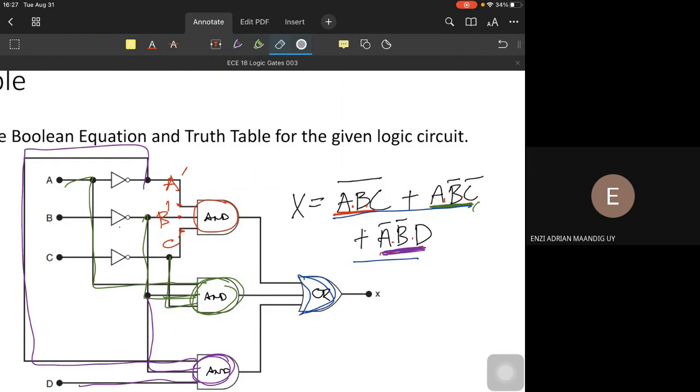Yay! Woo! Truth table. Before your truth table, any questions? The same mag answer nilang the same mag answer guys ni NZ. Yes, sir. Same answer, sir. Oh.